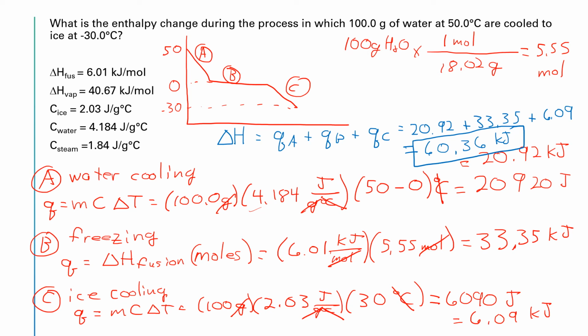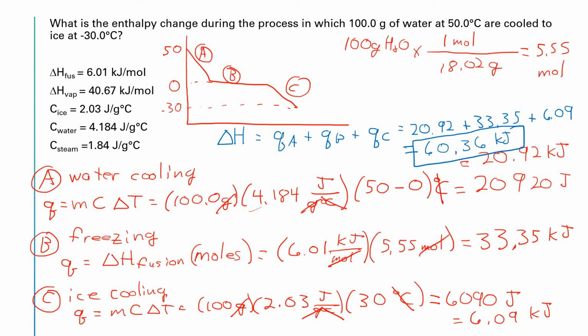But now let's check and see that we have the sign of this correct. Okay, if energy is released from the sample, if it's given off, that's an exothermic process and we should end up with a negative sign. If energy is put into the system to make the process happen, then that's endothermic and we should have a positive sign. Well, in this case, we are removing heat from the sample as we're cooling it.